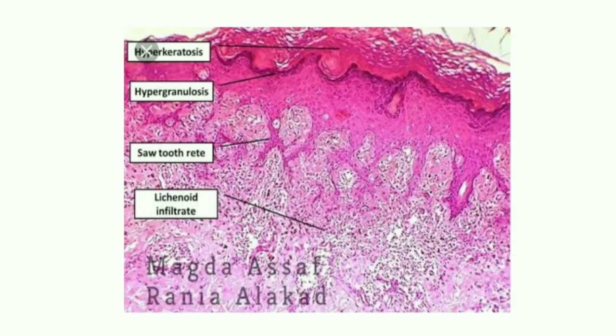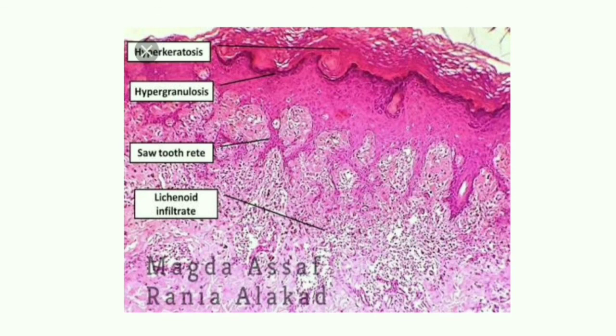So once again recall, first of all hyperkeratosis, below you can see hypergranulosis, which is actually responsible for Wickham's striae, and you can see the sawtooth appearance of the rete ridges. Now you can see the band of lymphocytes at the dermo-epidermal junction.